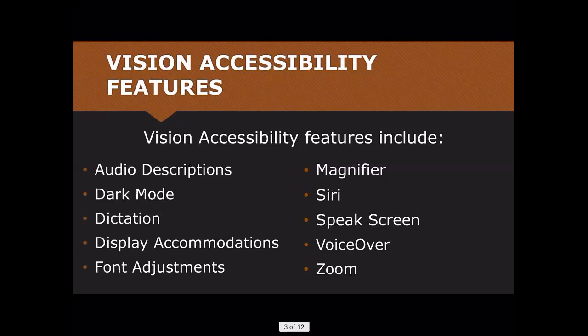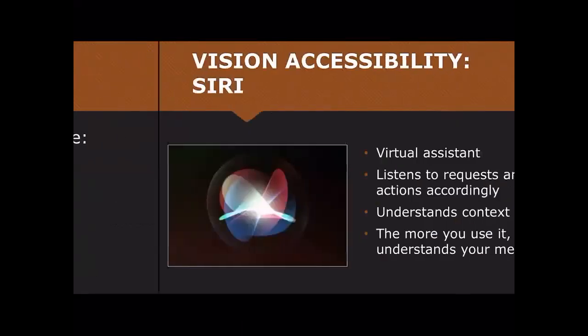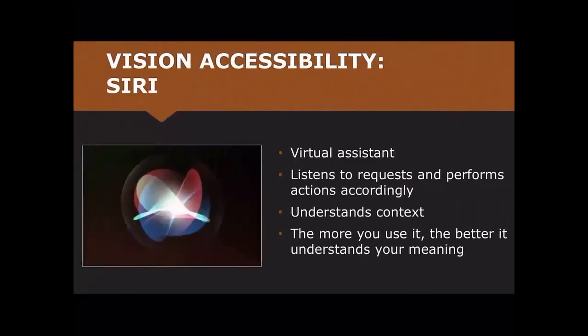The first one I want to talk about for vision is Siri. It's a virtual assistant. It listens to requests and performs actions accordingly. Siri understands context, and the more you use it and make corrections when you're misinterpreted, the better it gets at understanding what you mean.